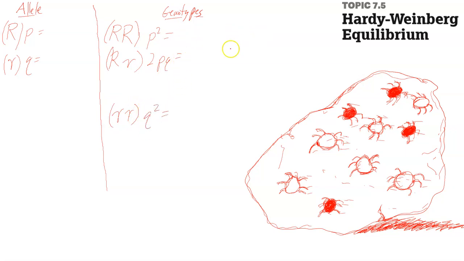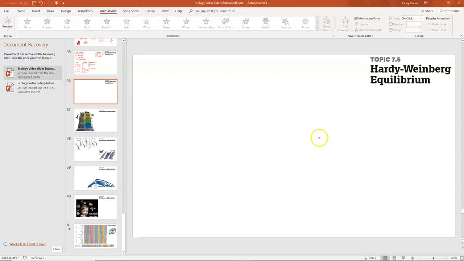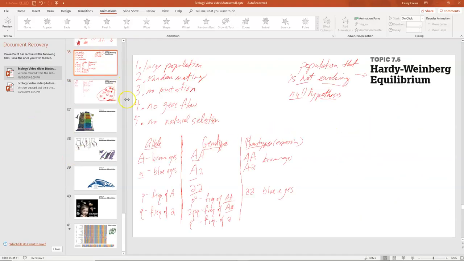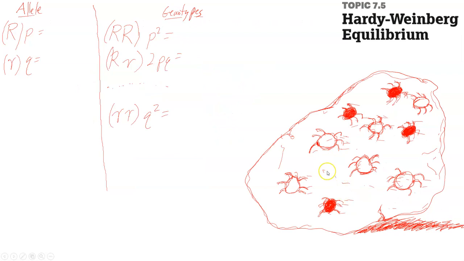I'm going to put a little dotted line here to show you that the genotypes up here are going to give rise to a certain phenotype.